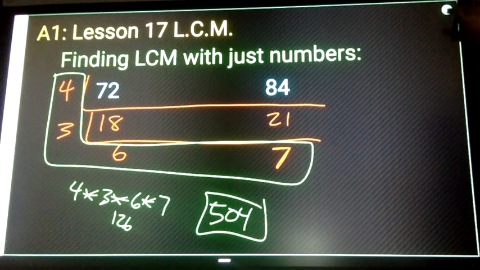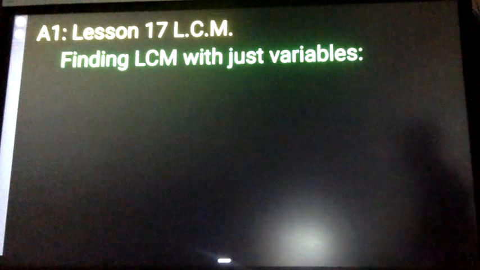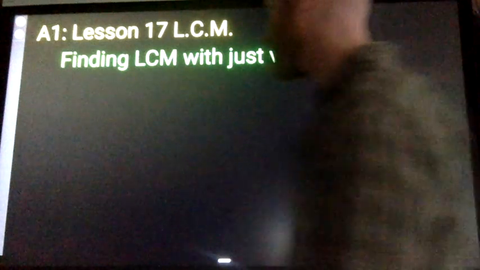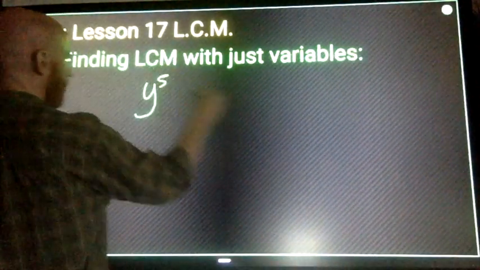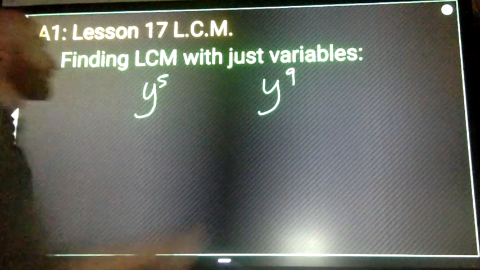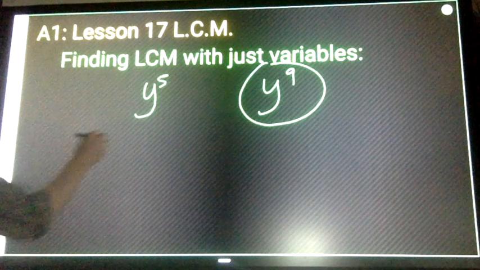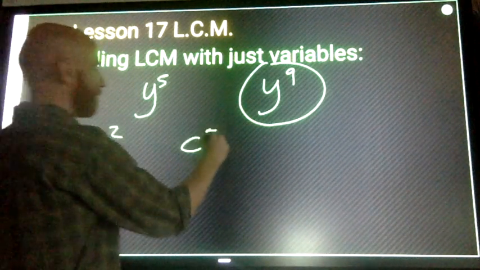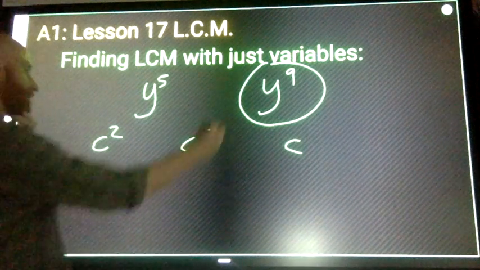With just variables, again, having just variables is easier than numbers because if I got something like this, y to the 5th, y to the 9th, what's my least common multiple? Right here. If I got c squared, c to the 5th, and c, what's my least common multiple?